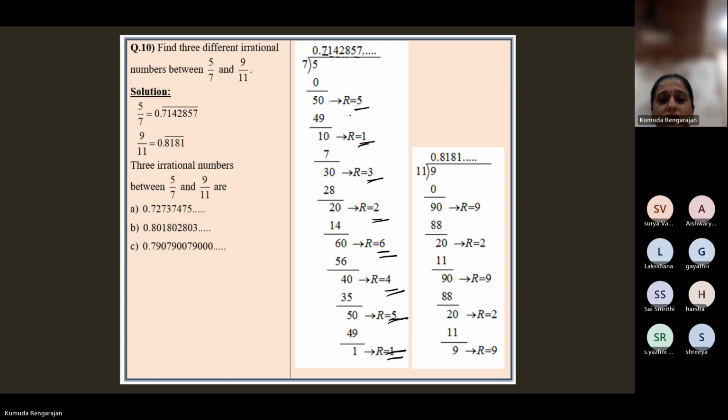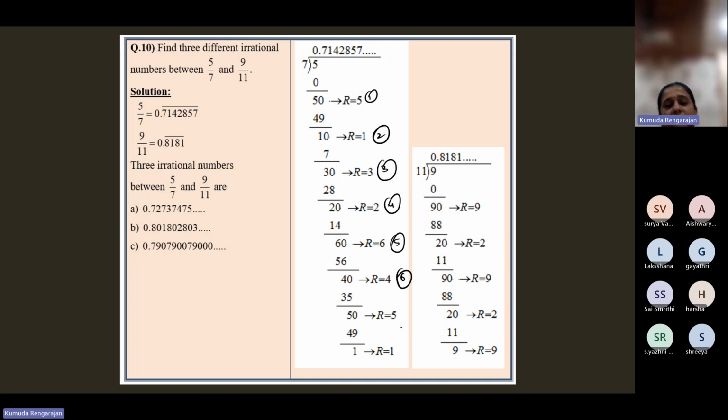Again 7. 6 different remainders. You can see 1, 2, 3, 4, 5, 6. 6 different remainders. The remainders 5, 1, 3, 2, 6, 4 will keep repeating, because after that again you get 5, 1, 3, 2, 6, 4.